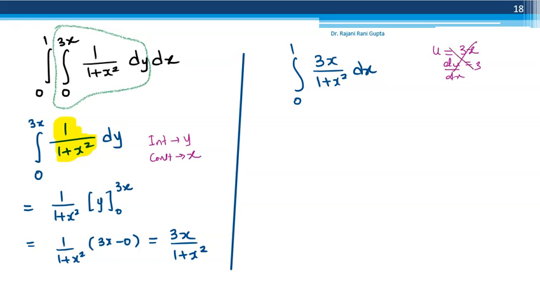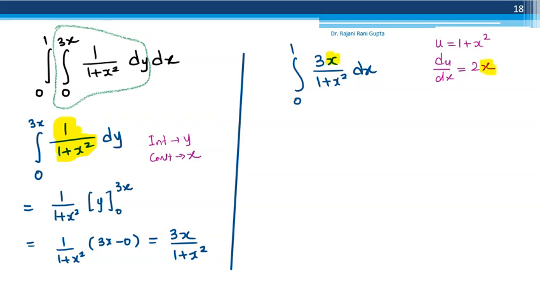Let's go for the other substitution: u equal to the denominator, 1 plus x square. So du by dx, what will you get? 2x. So yes, you are getting a function which is available here.